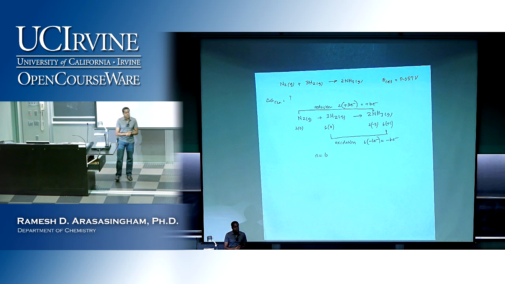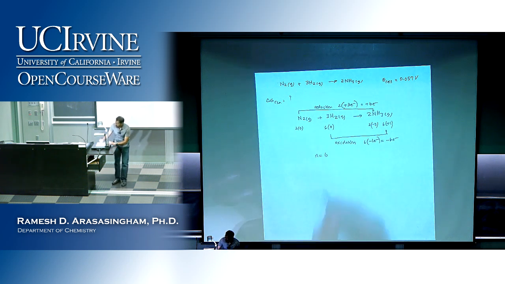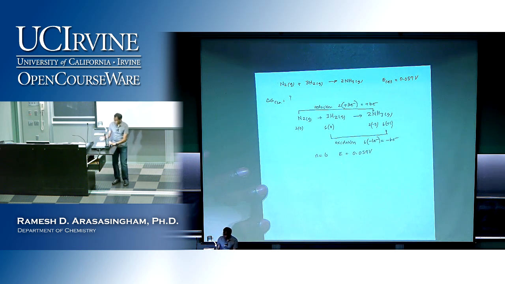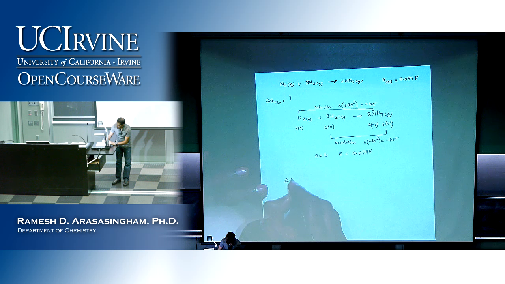We figured out that 6 electrons are being transferred. We know that E equals 0.057 volts. So that means delta G reaction equals minus nFE cell.